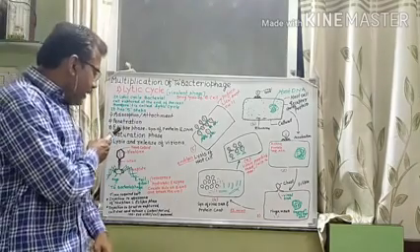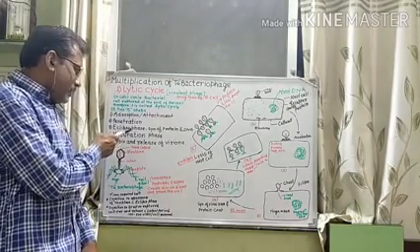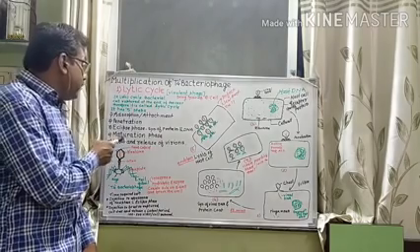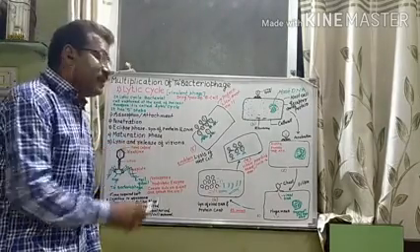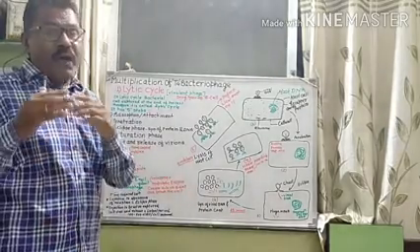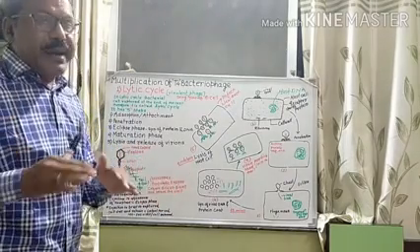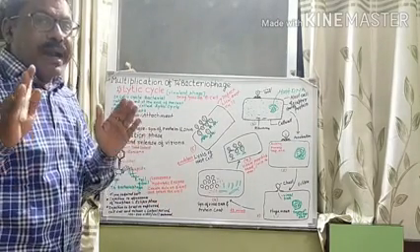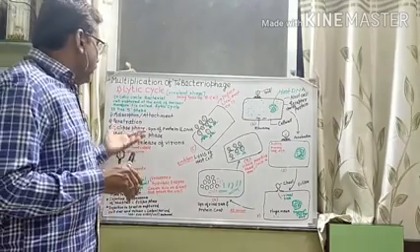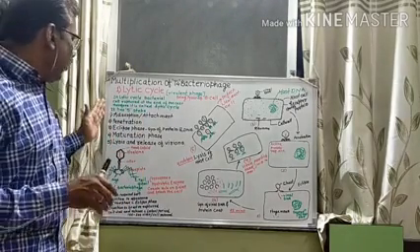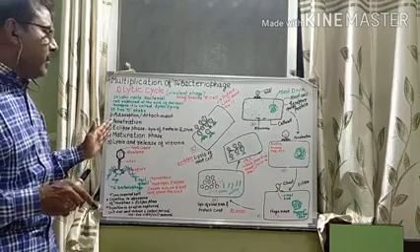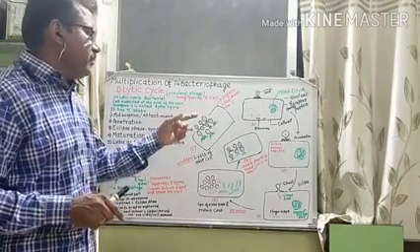The third is the eclipse phase. The fourth is the maturation phase, and the fifth is lysis and release of virus particles by breaking the wall of bacteria. We will see all these phases thoroughly.